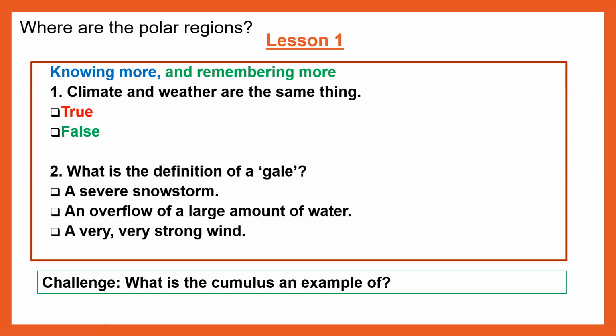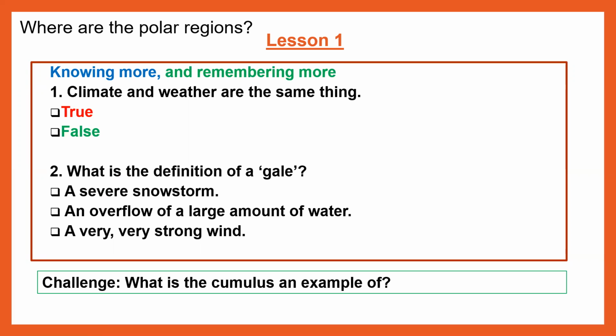Is it a severe snowstorm, an overflow of a large amount of water, or a very, very strong wind? Question 3. Our challenge question. What is the cumulus an example of? Pause the video to give yourself the time to answer those questions.